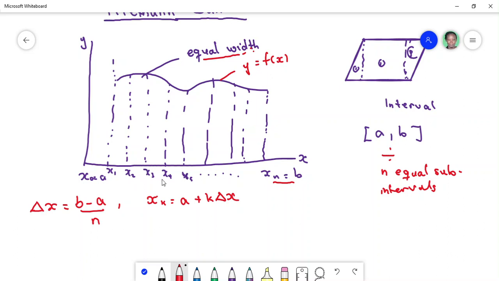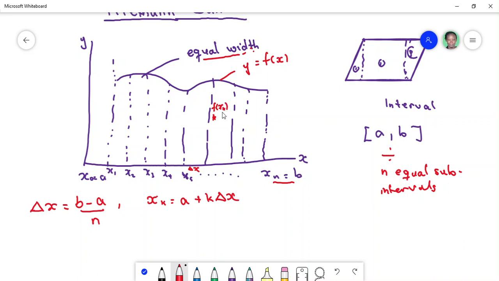So you realize that the base of each rectangle is going to be what? Change in x. And the height of rectangle k is going to be f of sk. This is the height.